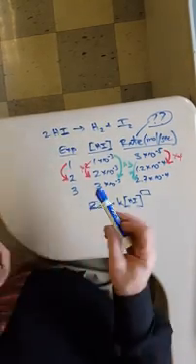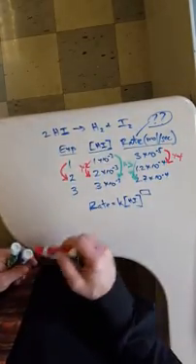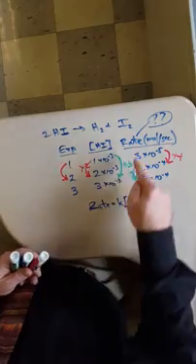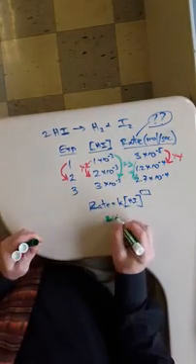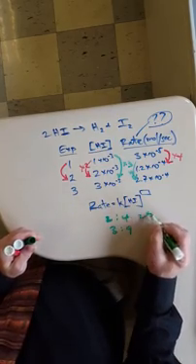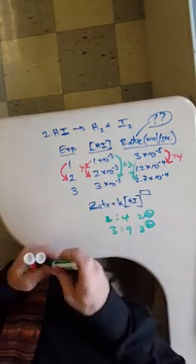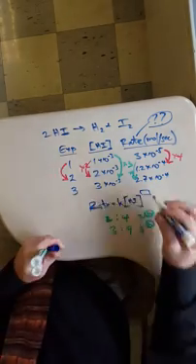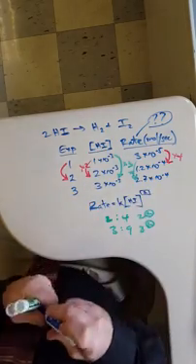So doubling my concentration quadrupled my rate, and tripling my concentration increased my rate by a factor of 9. If 2 gets you 4 and 3 gets you 9, isn't that 2 squared and 3 squared? The order is 2.